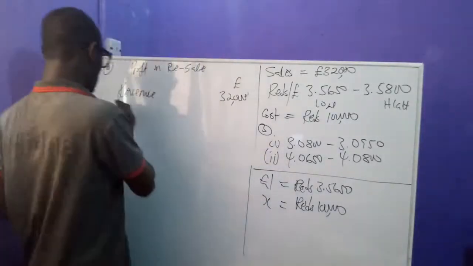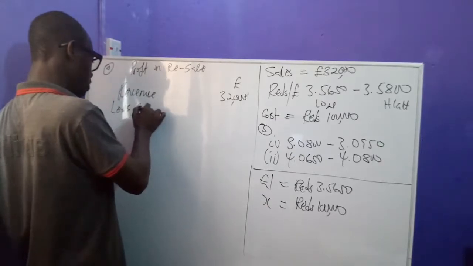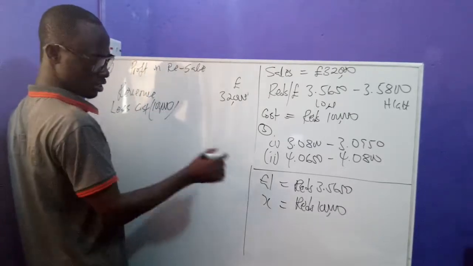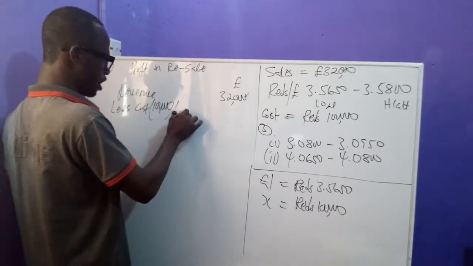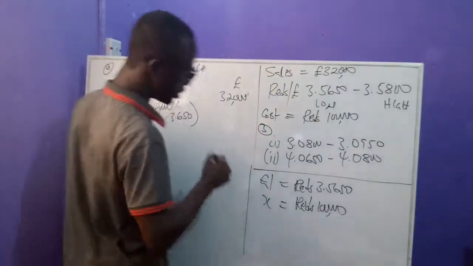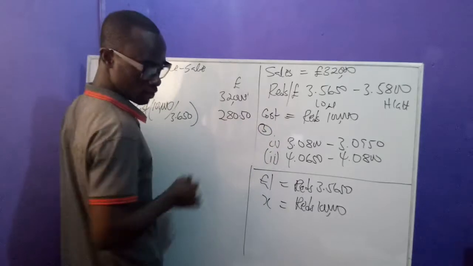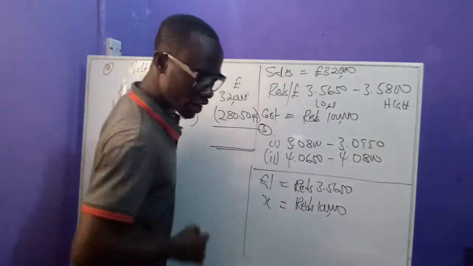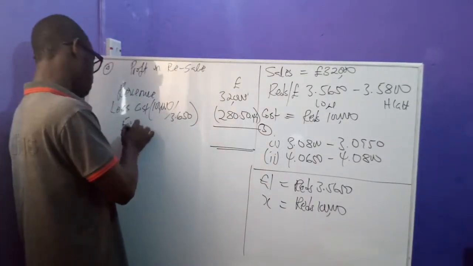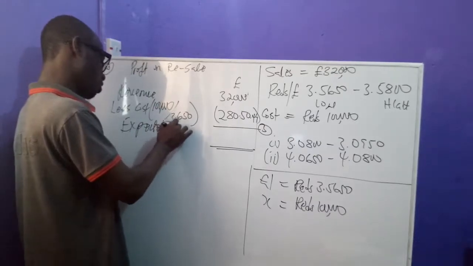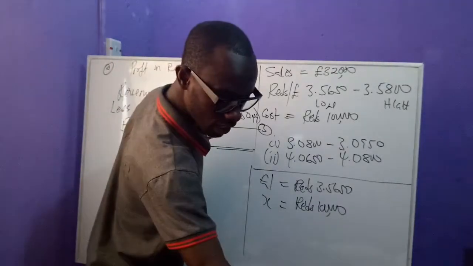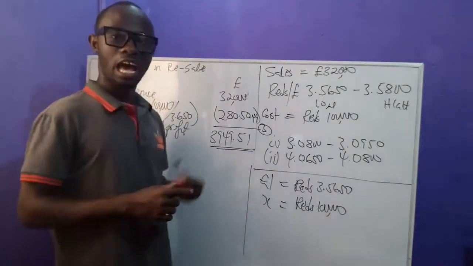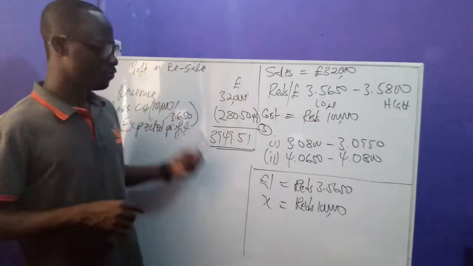So we will deduct the cost of the goods, which is 100,000 divided by 3.650, and that will give us 28,050.49. When we deduct it, we get the expected profit of 3,949.51. So this is how much we will get for the goods.